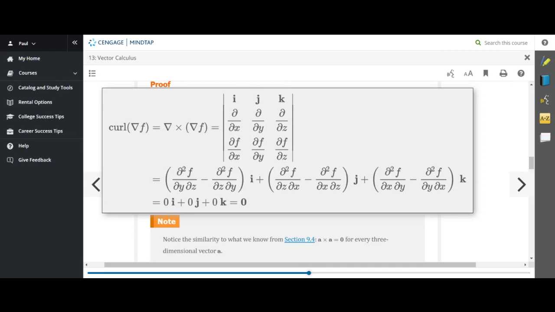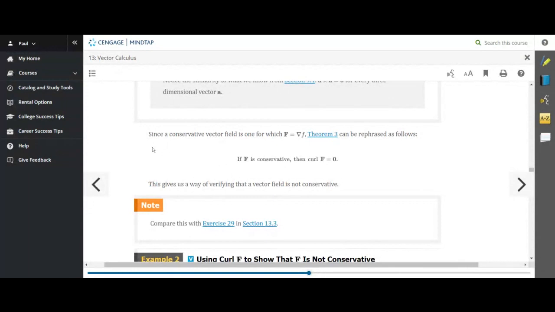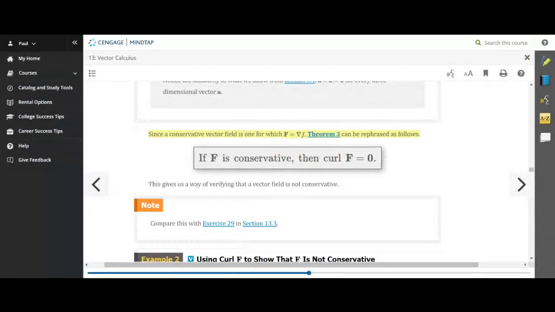So why is this nice? Why is it a nice result that the curl of a gradient is equal to the zero vector? Well, I'll show you why. If you have a conservative vector field, remember, a conservative vector field is one in which the vector field can be written as the gradient of some potential function f.